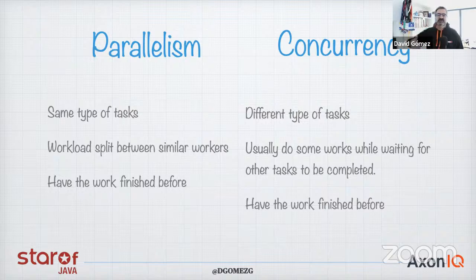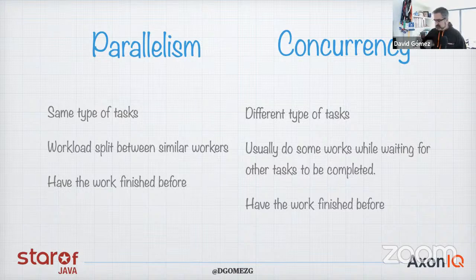And during that time that we are waiting, we are wasting CPU cycles that we could be using for solving some other tasks that are compute intensive. So basically, concurrency means that we are dealing with different types of tasks.